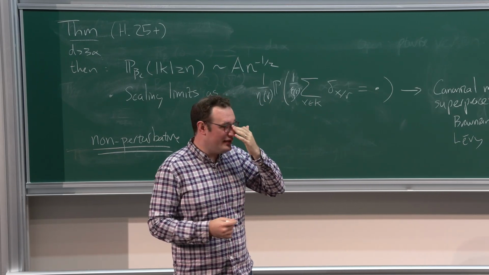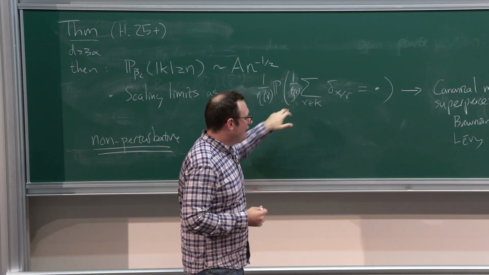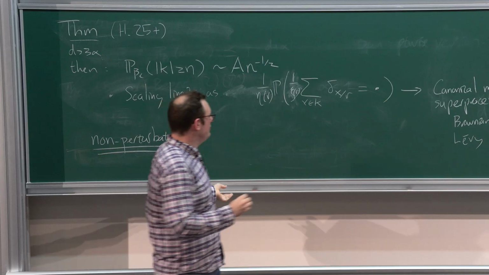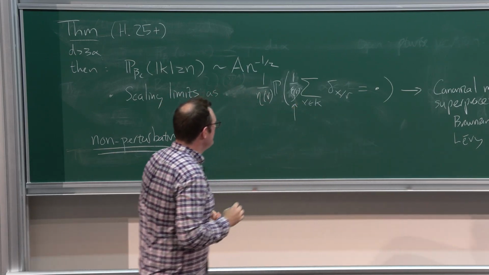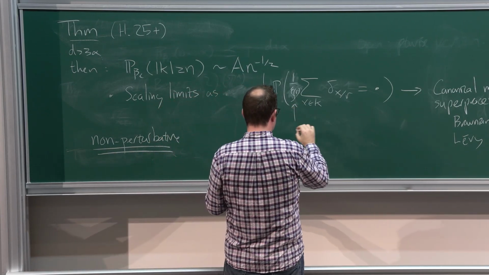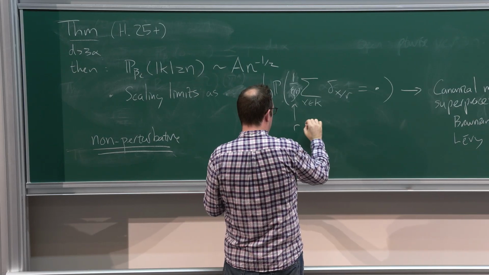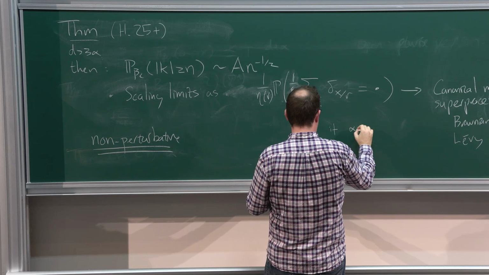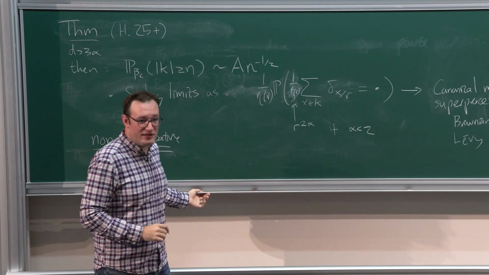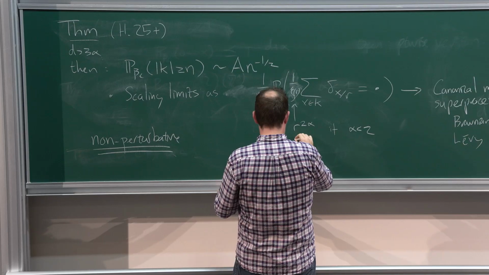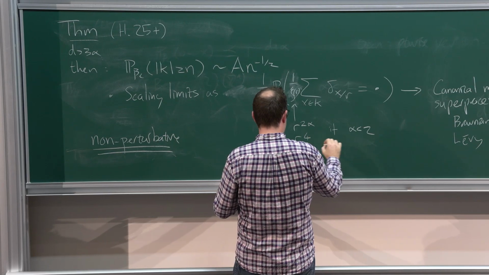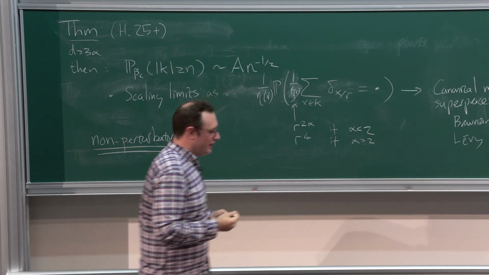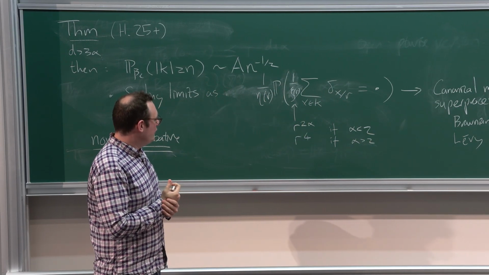And these scaling factors here will also see the transition between the alpha bigger than 2 and alpha smaller than 2 regimes, in that this zeta r you should think of as the typical size of clusters at scale r. So it's going to be r to the 2 alpha if alpha is less than 2, which is the same as in the hierarchical case. And it should be r to the 4 if alpha is bigger than 2, and there's a log correction when you're at alpha equals 2.